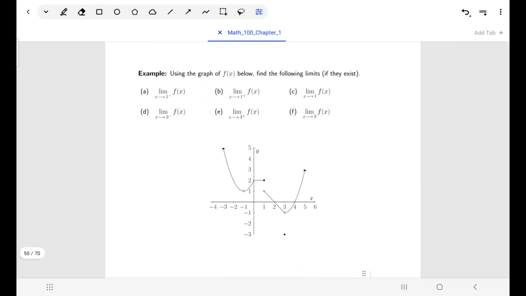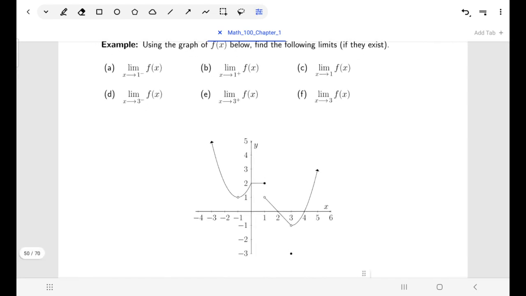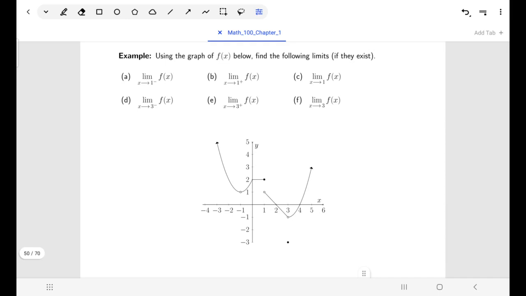So now we've got this little graph here, and we want to talk about what's the limit, if the limit exists at all. And so even though the function itself might not have a limit existing, maybe the left-handed limit or the right-handed limit exists. So starting with the first one, f of x, we want to look at the limit as x goes to 1 from the left. So here's 1, and what's happening is we're approaching 1 from the left, so from values slightly smaller than 1.